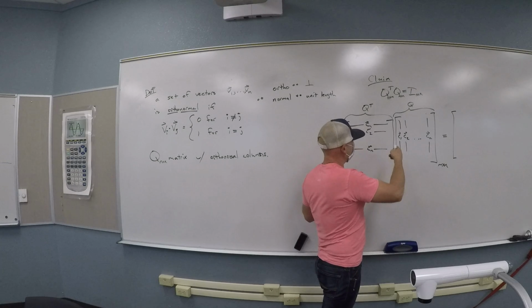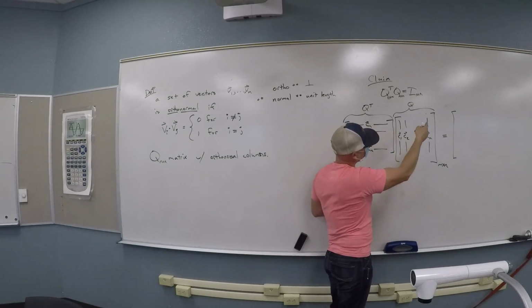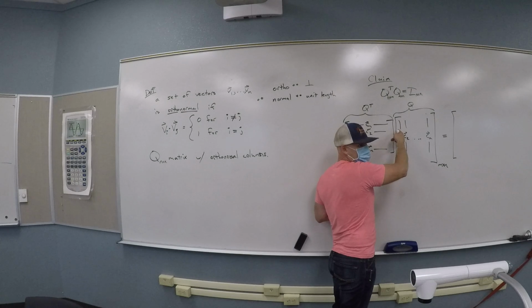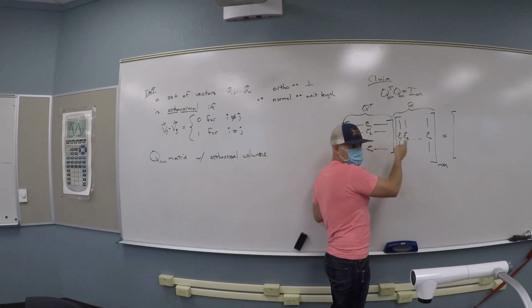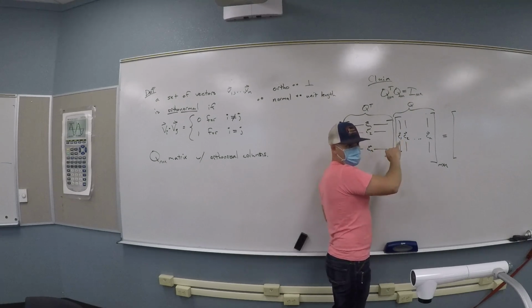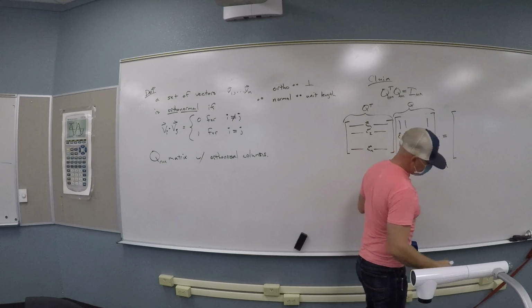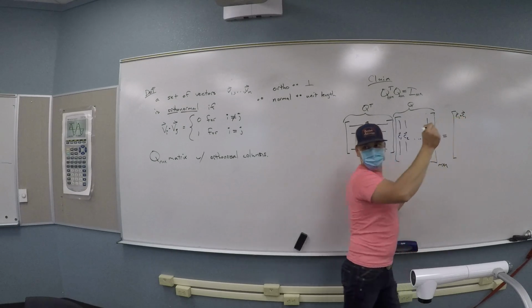The first column of my result is going to be me picking up that first column and dropping it on successively. When I say pick it up and drop it on, I'm talking about taking the dot product. So the first element is going to be C1 dotted with C1, and that's going to be 1.